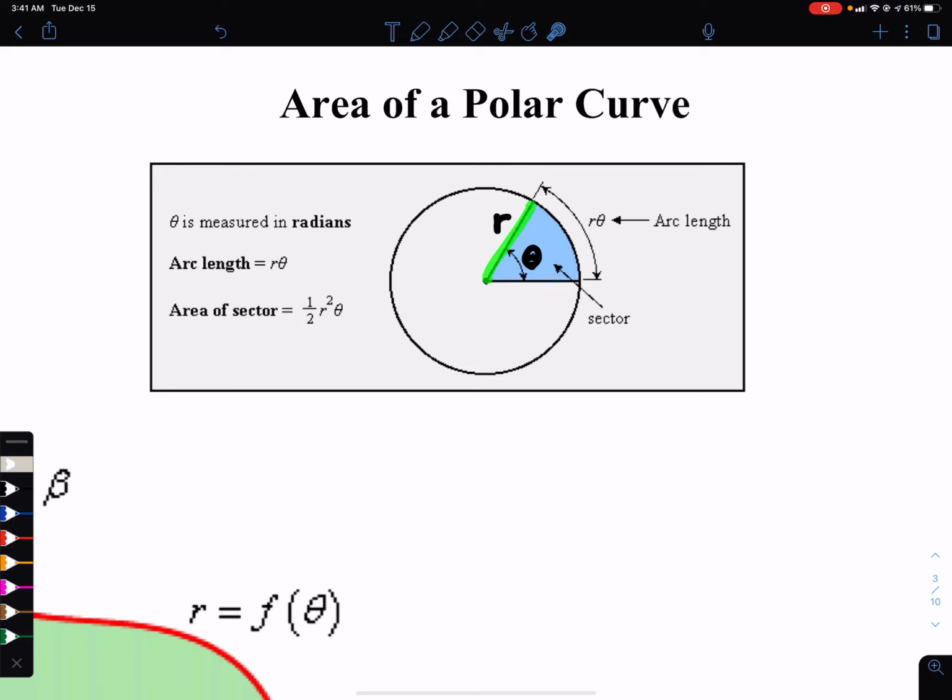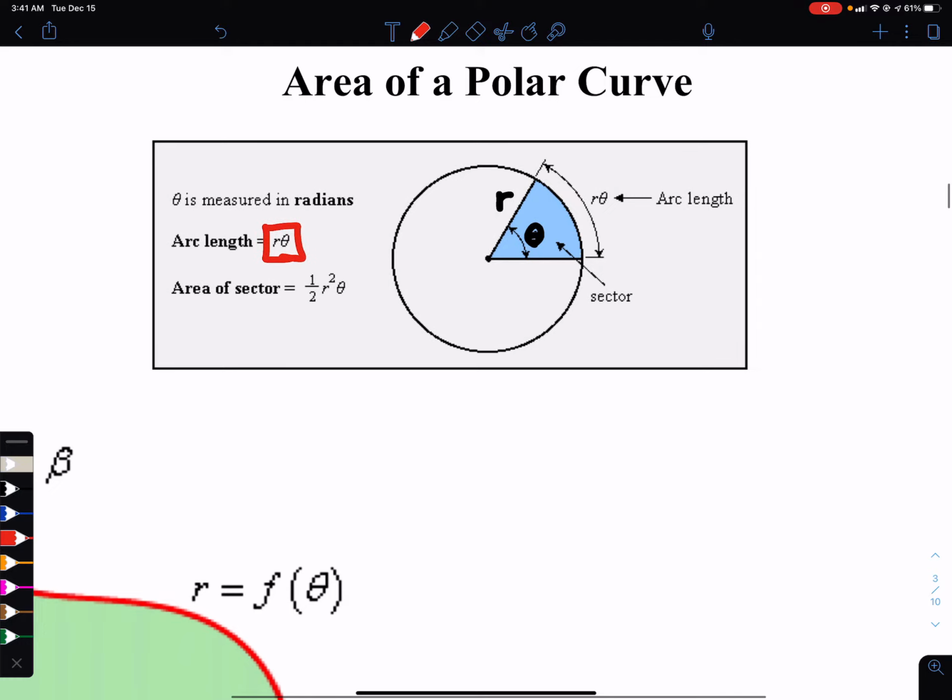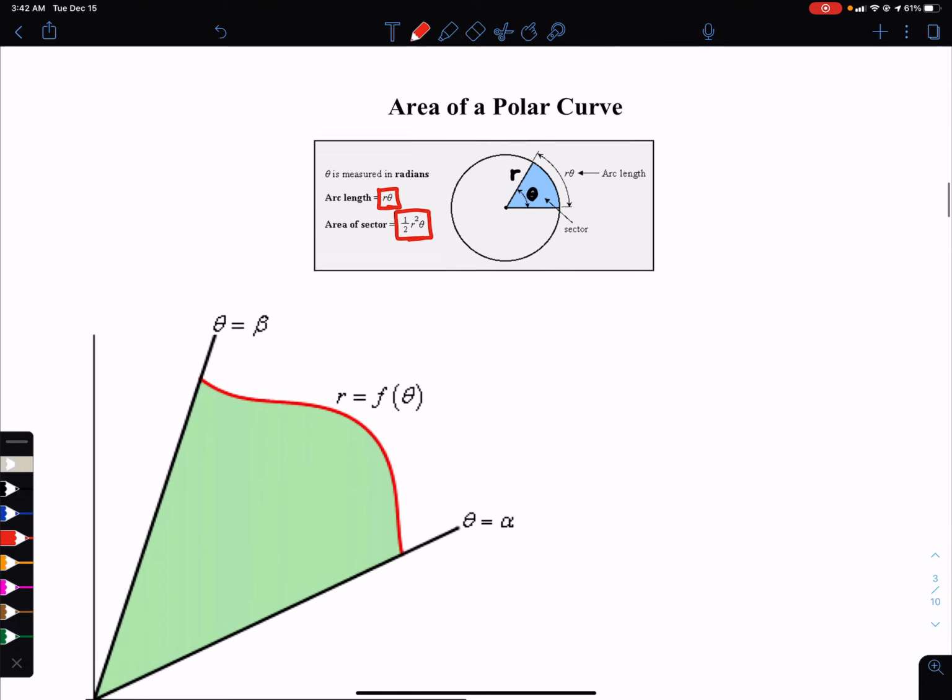Well, they want the length of this piece here. That's called arc length, and that just equals r theta. But that's not what we want. We want the area. The area comes out to be 1/2 r squared theta. So that's going to be important in what we're going to do next.